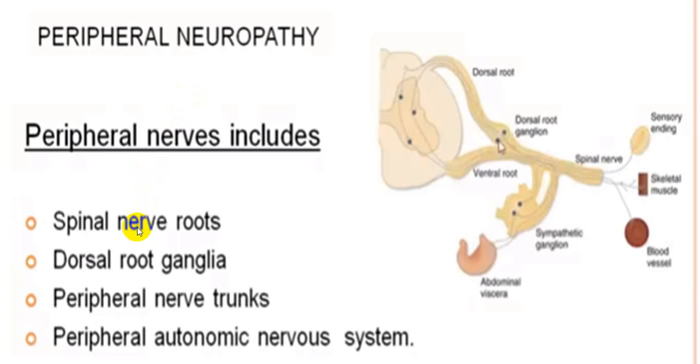Peripheral nerve consists of spinal nerve roots, dorsal root ganglia, ventral root, common spinal nerve, then all the spinal nerves get together to form a plexus, and from the plexus we get peripheral nerve trunks, which then divide into three groups of fibers: one which supplies skin, we call sensory nerve; one which supplies motor fibers to skeletal muscle, we call motor nerve; and one which supplies the blood vessels, we call autonomic nervous system.